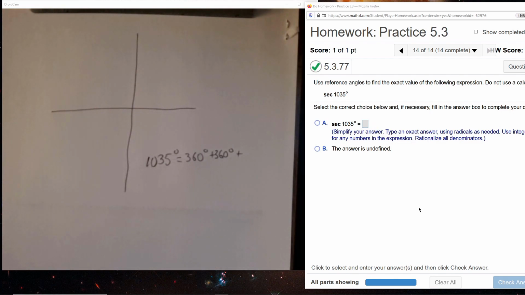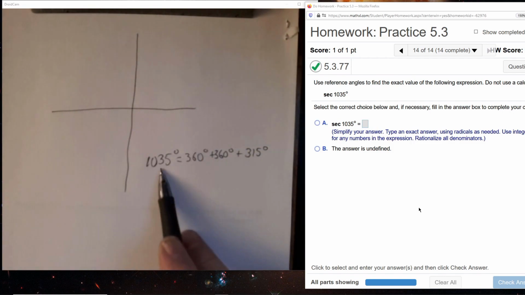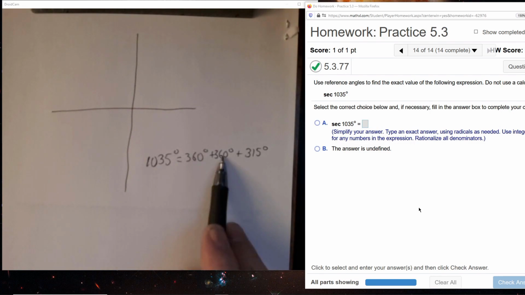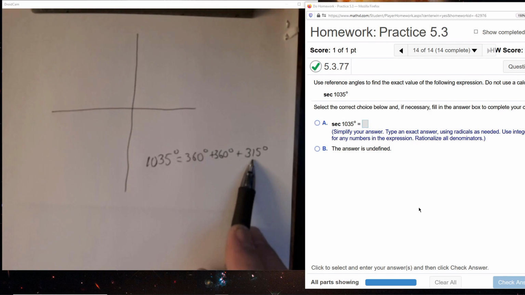So if we take 1035 and subtract off 720, we've got 315 left. So 1035 is 2 full revolutions and then 315 more. So this is 45 degrees short of another revolution.